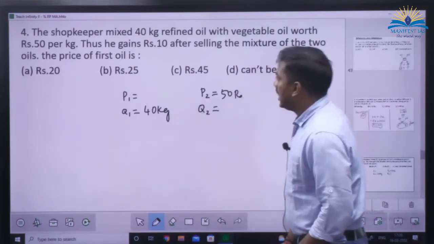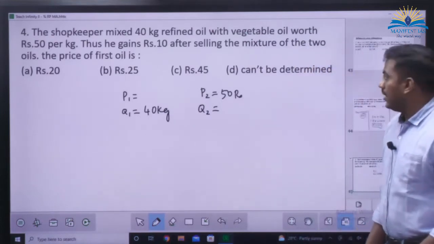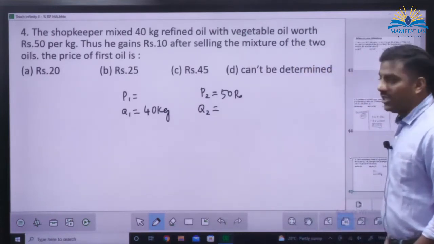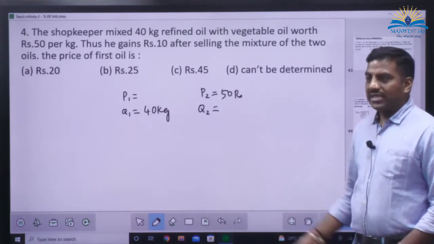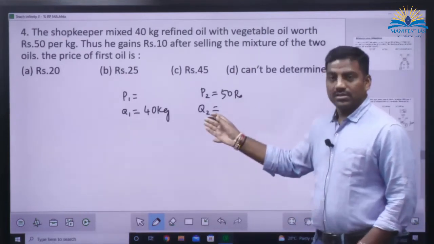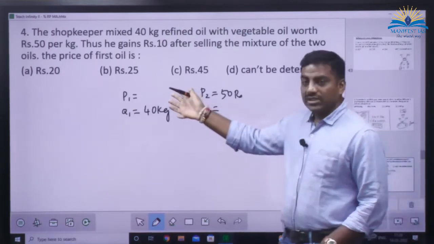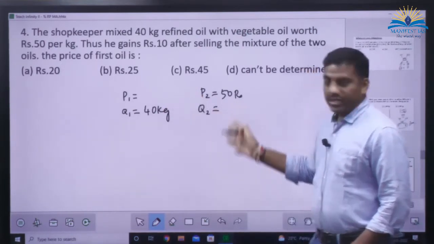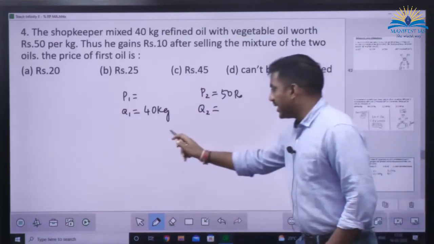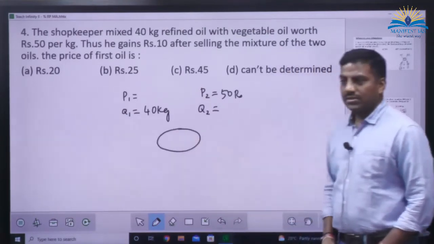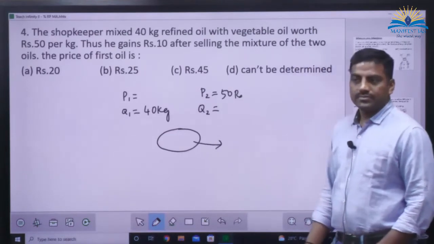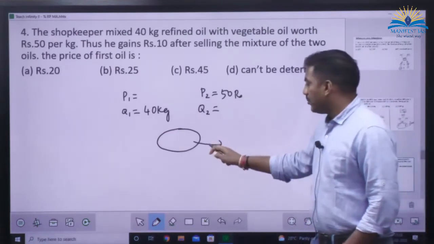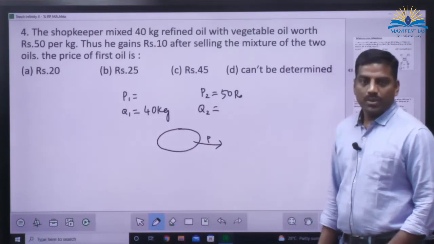We don't know. Thus he gains rupees 10 after selling the mixture of the 2 oils. He is selling after mixing it. But while mixing, we should know price 1 and we should know quantity 2. Then only we will get the price of the mixture, and then we will make profit on this, correct?